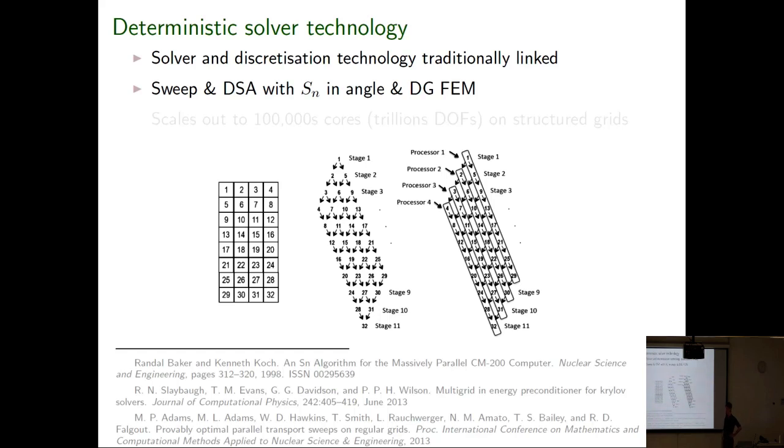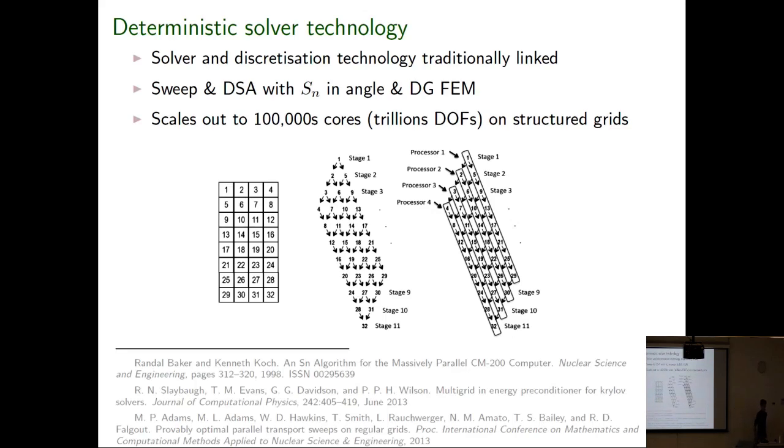And if you've got a structured spatial grid, you can essentially do a very specially ordered Gauss-Seidel to invert your streaming operator. That's the one that does all the transport. And then you can map to a kind of diffusion type problem to pick up your scattering. They all work very nicely and scale out to hundreds of thousands of cores on the biggest machines you can think of.